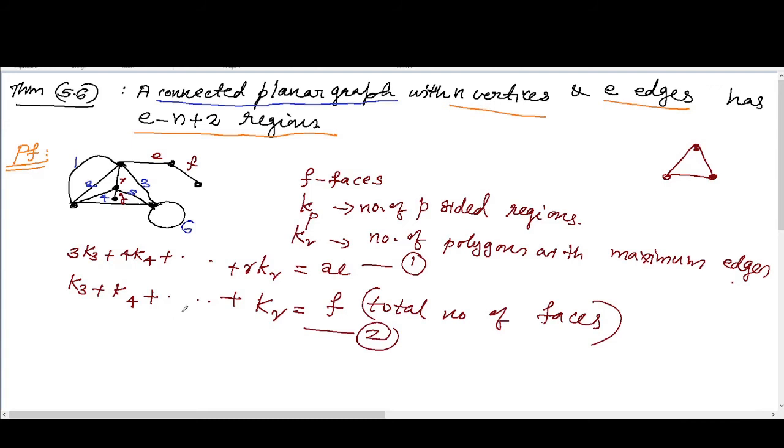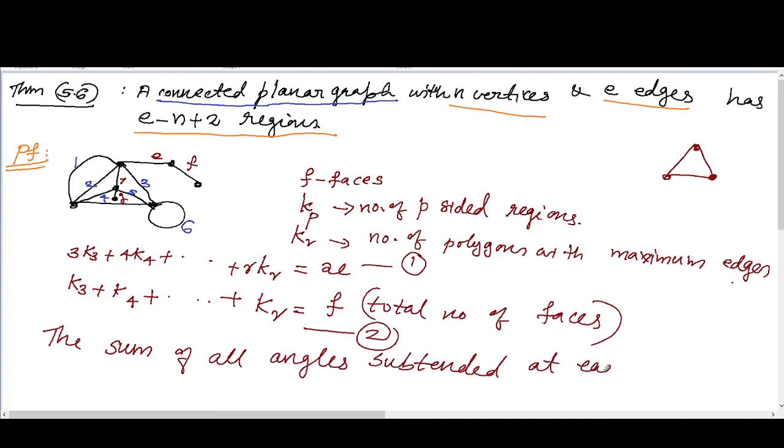Now, the sum of all angles subtended at each vertex in the polygon is 2 pi n.